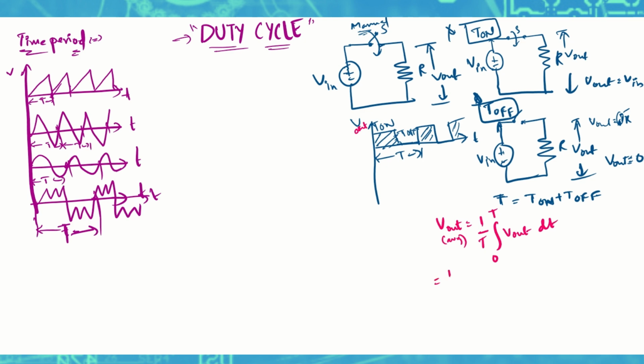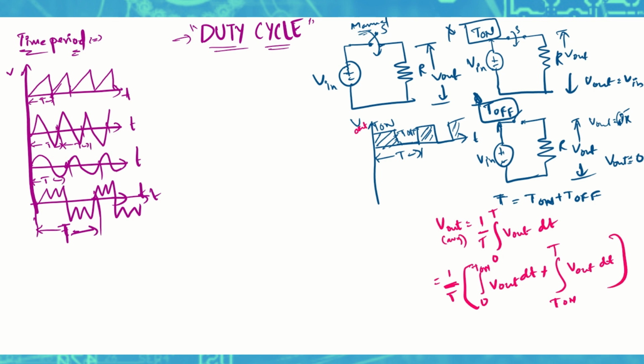Now if you further split this, it is going to be 1 by T of integral 0 to T on V out dt plus T on to T V out dt.